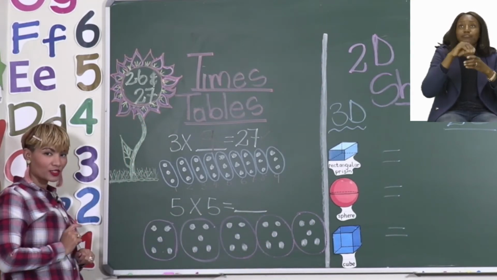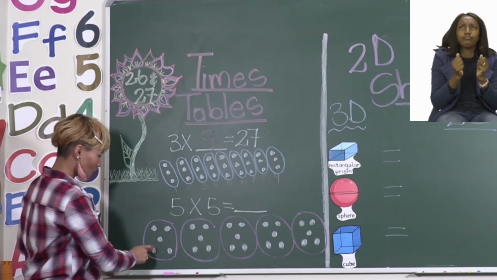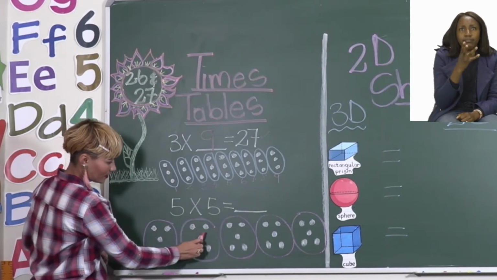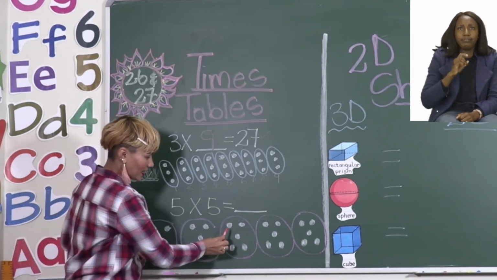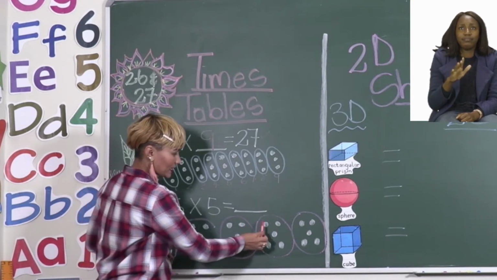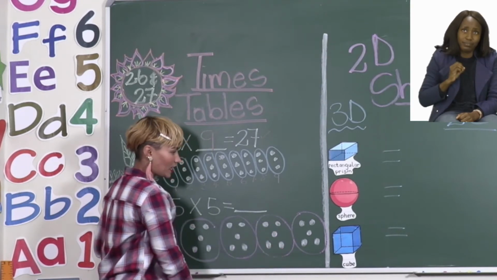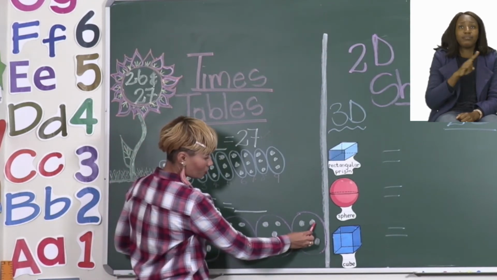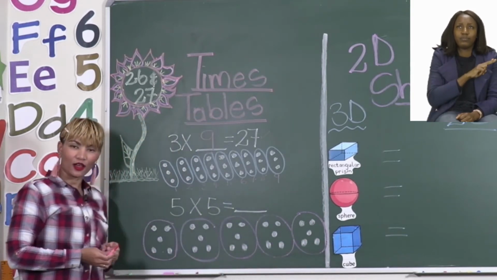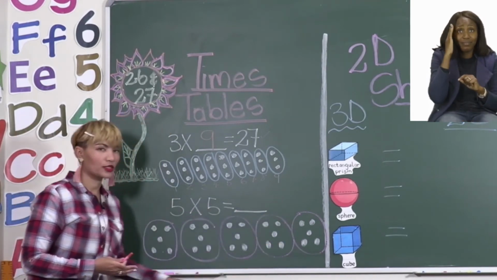Let's count the dots and see how many dots we get. 1, 2, 3, 4, 5, 6, 7, 8, 9, 10, 11, 12, 13, 14, 15, 16, 17, 18, 19, 20, 21, 22, 23, 24, 25. Okay, now we know we have 25 dots.